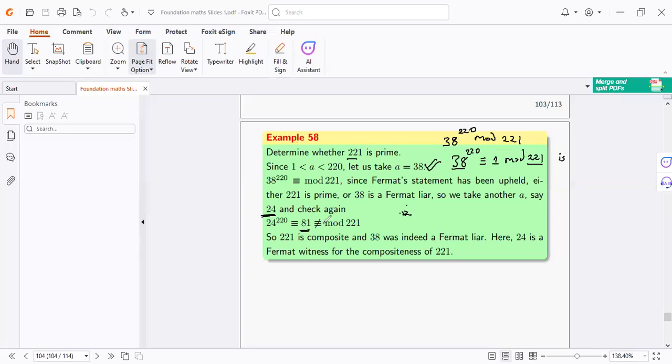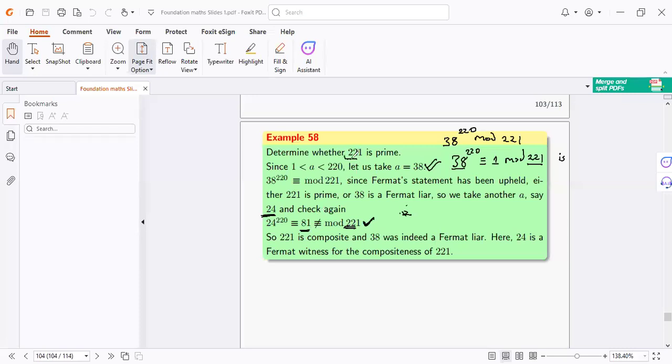So this is not equal to 1. So that means the test must be true. It's telling me that 221 is not a prime number.